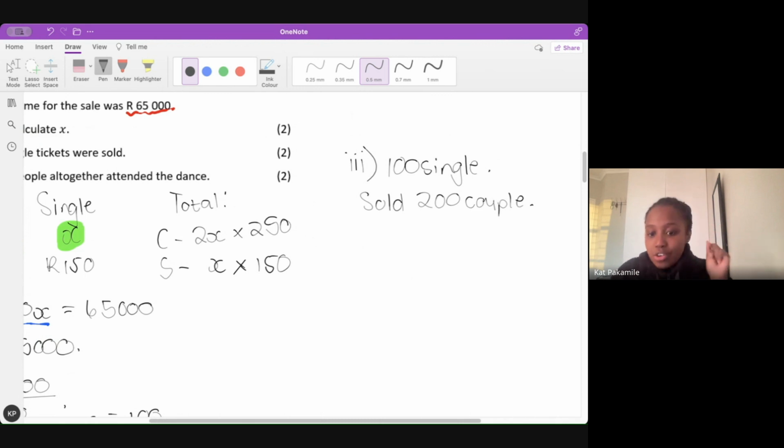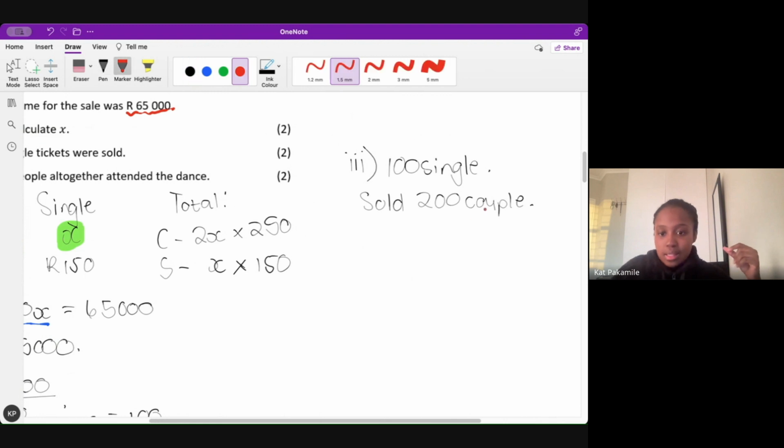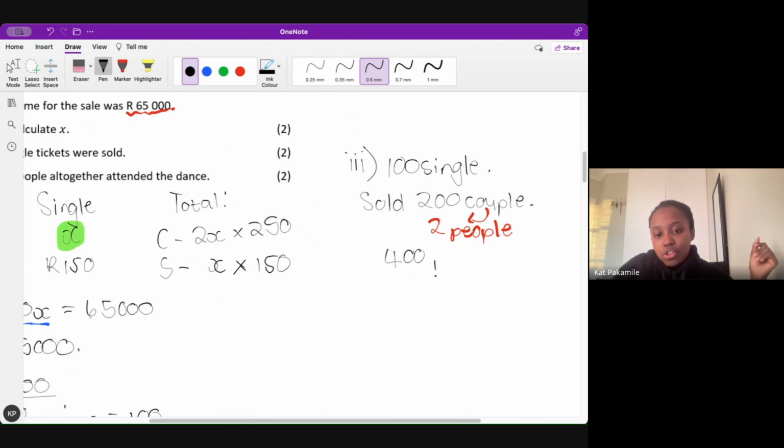So then 200 couple tickets have how many people? This here indicates that this ticket is for 2 people. Beautiful. Now, that means for this 200 couples tickets, there are 400 people that attended.